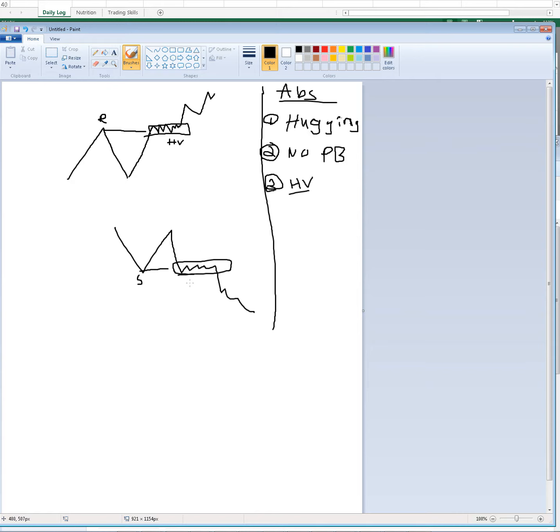Or here it means that the sellers are absorbing the buyers. After the high volume, you're going to get the breakout. Wait for the breakout because it serves as confirmation. Okay? So this is absorption, and I'll show you how this looks.